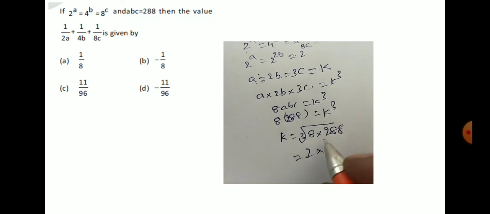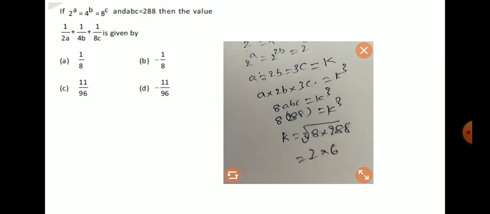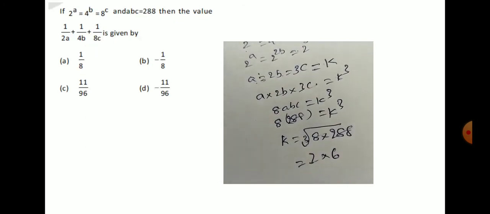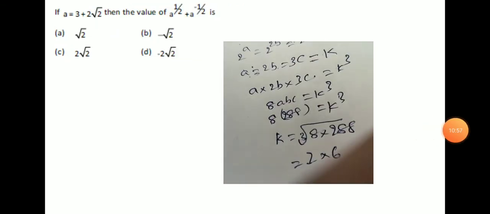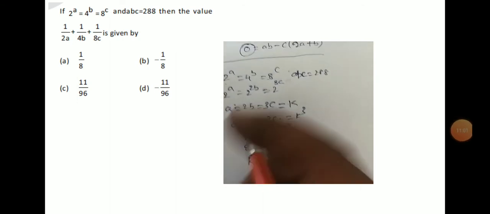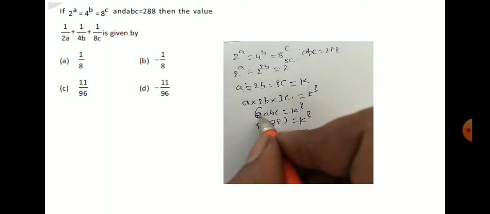Is it correct? Just a minute, I'll have a look. Sorry, I had made a mistake here. 2 into 3 is 6, right? So it is 6abc.